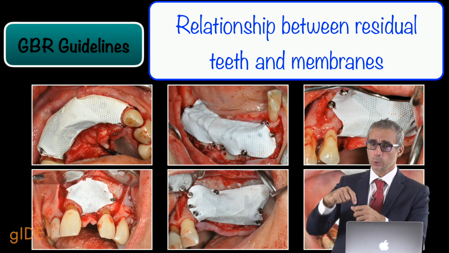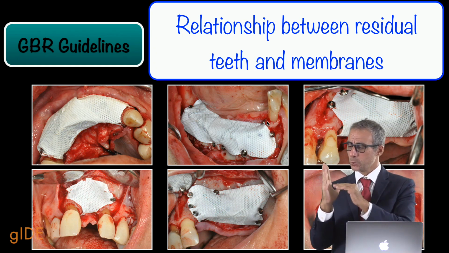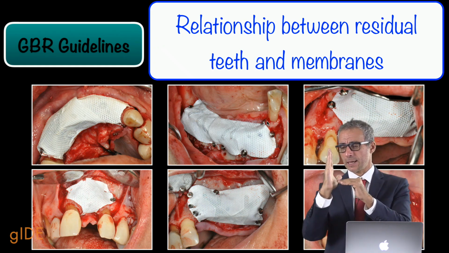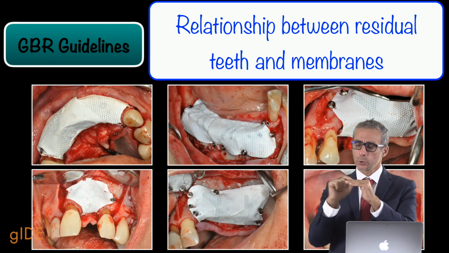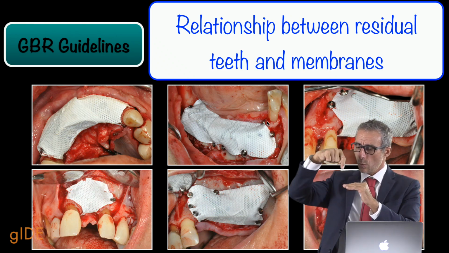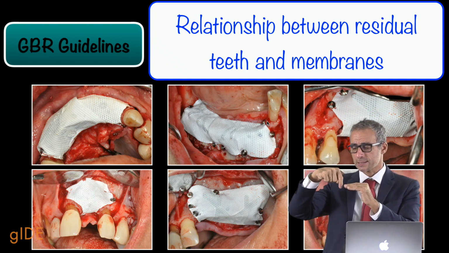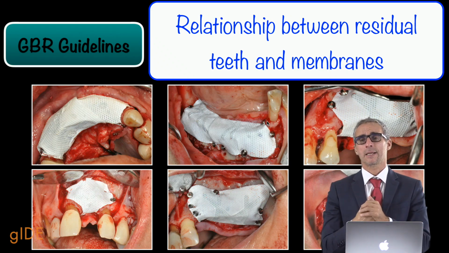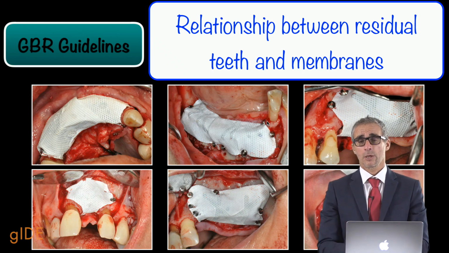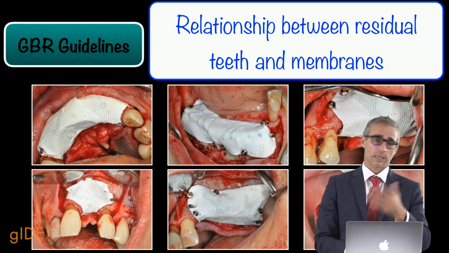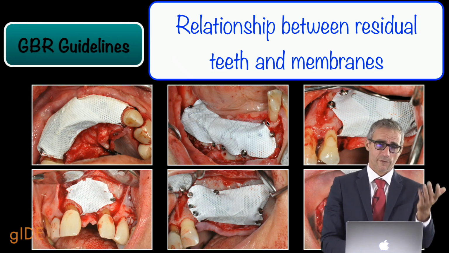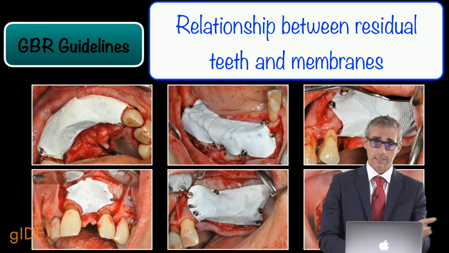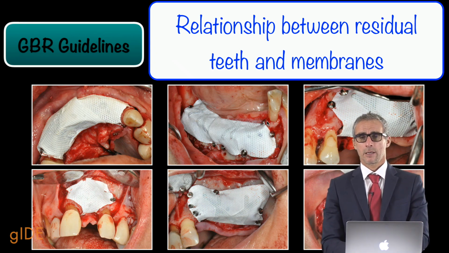Because through the contact between the flaps and the tooth, through this junction, we can have the passage of bacteria and the contamination of the graft material or membrane, with infection and failure of the surgical procedure.